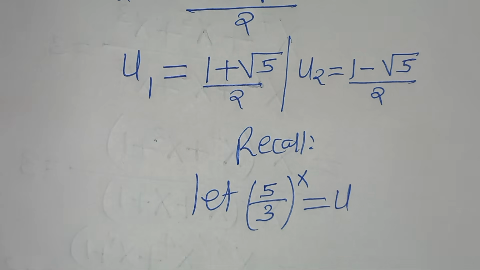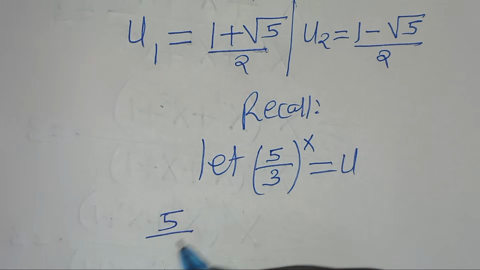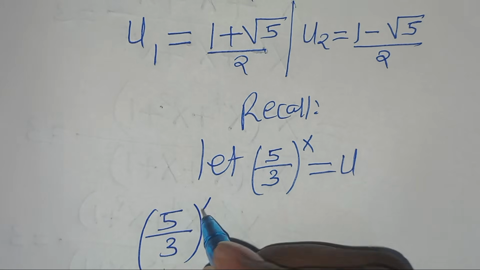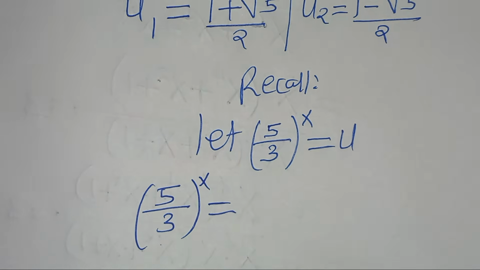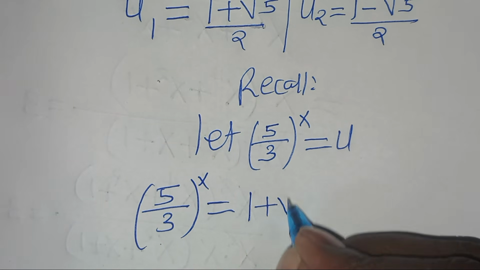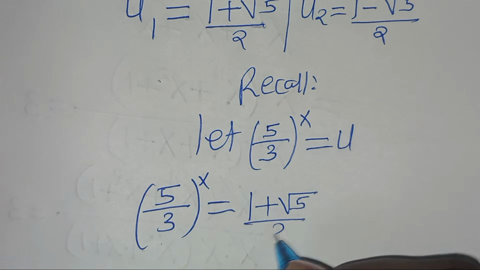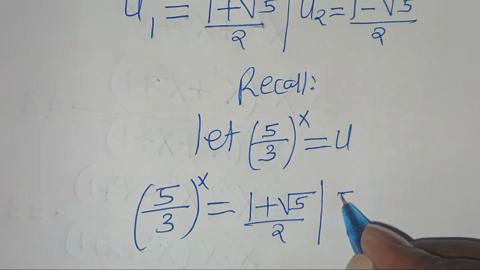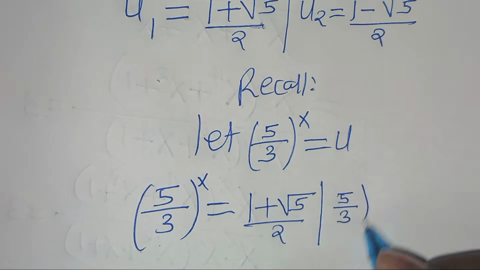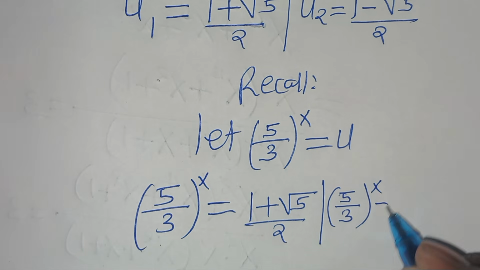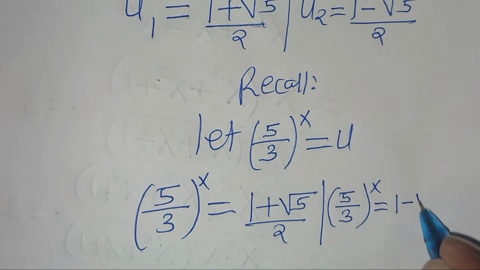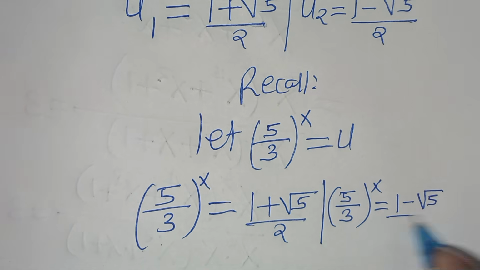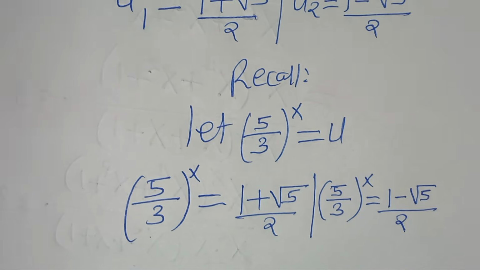So from what we have here, (5/3)^x is equal to (1 + √5)/2, and then (5/3)^x is equal to (1 − √5)/2.